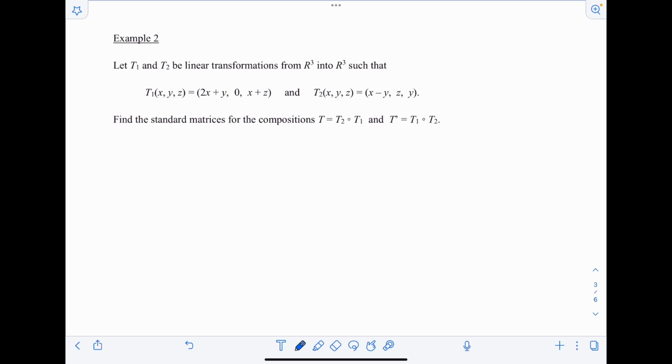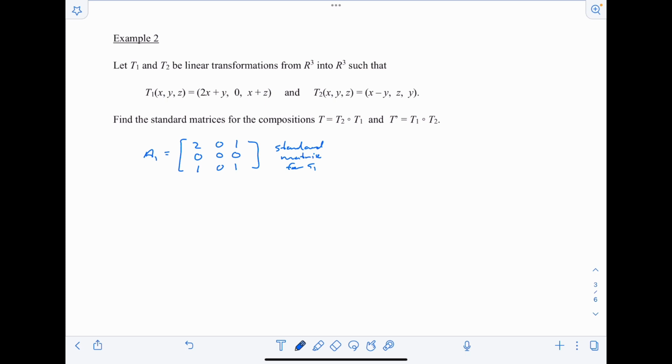Just like we talked about in the previous example, for A1 we can just write a coefficient matrix. This is going to be 2, 0, 1, 0, 0, 0, and then 1, 0, 1. And this represents the standard matrix for T1.